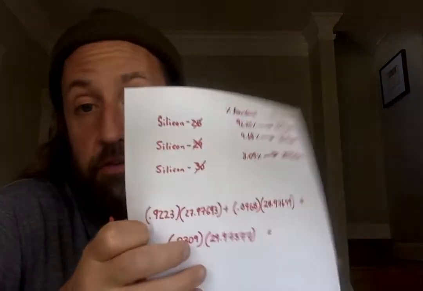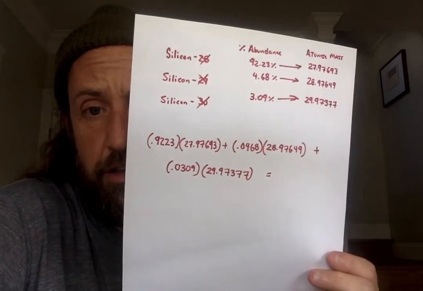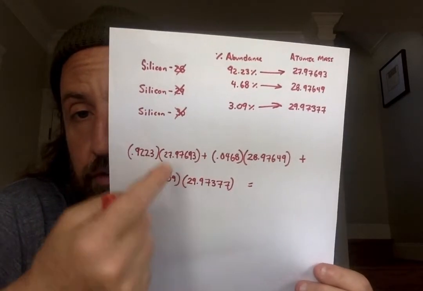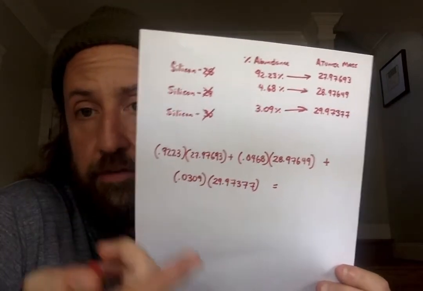And I just always tell people, if you're going to feel confused, just X those out. It's not going to hurt anything. And then the other difference is we have three isotopes, but if you set it up correctly, you could have 7 or 8 isotopes, and it wouldn't make a difference to what you're doing.